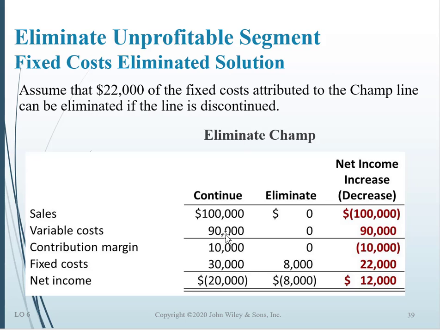But now we save 30,000 because of the fixed cost when it goes away, but we don't get rid of all of it. We're still stuck with 8,000. So that means the net income, 30,000 minus the 8,000, tells us that net income is going to increase by 22,000. Now we have a net income that's positive.